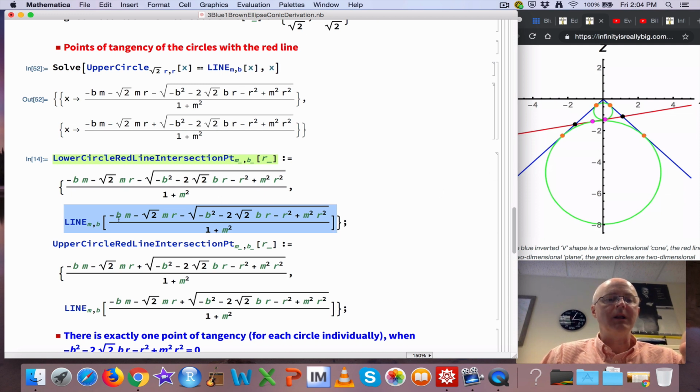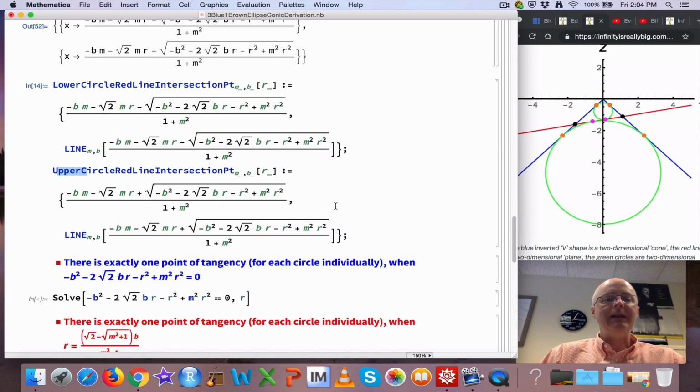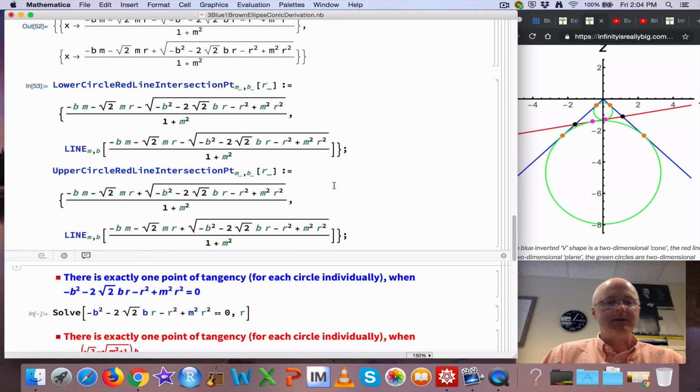Notice I'm plugging this thing into the line function, getting the second coordinate in each case. And this one has a minus sign here and here for the lower circle, which is the bigger circle. And this one has a plus sign here and here for the upper circle, which is the smaller circle. Once again, I've got to define those functions. I guess I already did that.